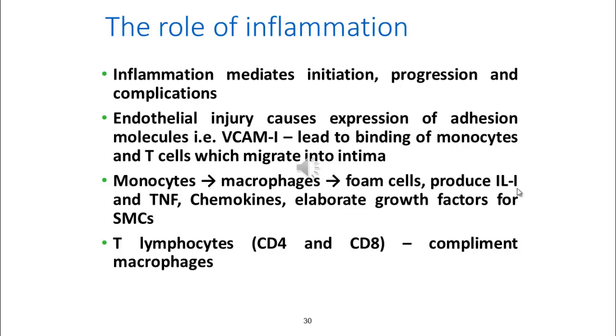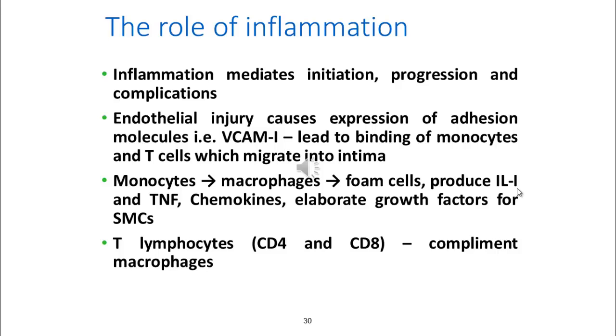So, what is the role of inflammation in the atheroma formation? Inflammation is going to mediate the process of atherosclerosis. It is going to cause the progression and its complication. The endothelial injury causes the expression of an adhesion molecule over its surface, that is VCAM1. It leads to the binding of the monocyte and T cell which migrate into the intima.